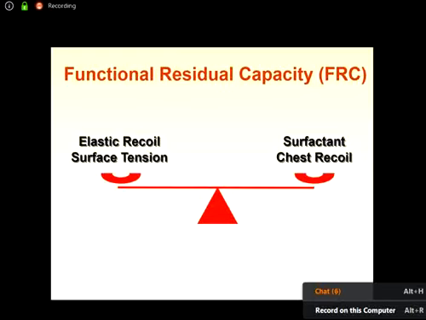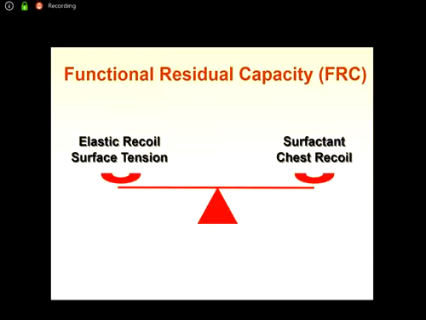And as you know, the main problem in our premature babies is not so much the elastic recoil and the surface tension. It has to do with the lack of surfactant and the fact that the chest recoil is decreased. Surfactant deficiency is due to prematurity, and chest recoil decrease is because the chest wall is immature, doesn't have bones, so it's very compliant, and it doesn't have the same opposite effect as a normal mature chest wall.